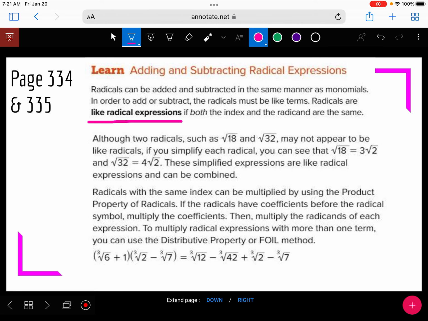So, for example, they're looking here at square root of 18 and square root of 32. They're going to birthday cake both of these as far as they can. 18 becomes 3 square root of 2, and 32 becomes 4 square root of 2.